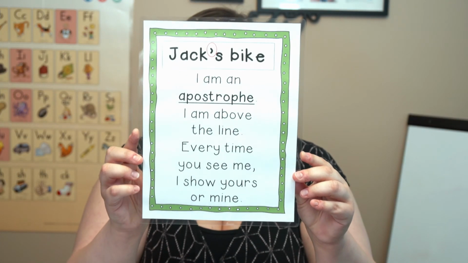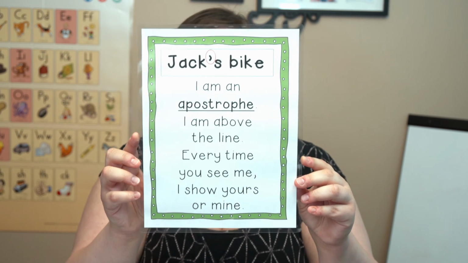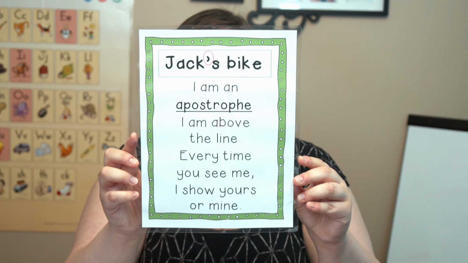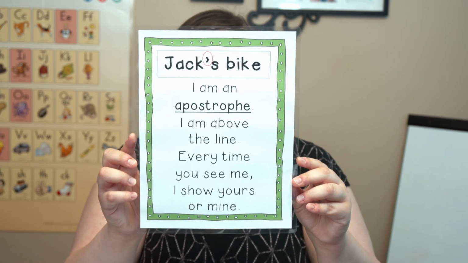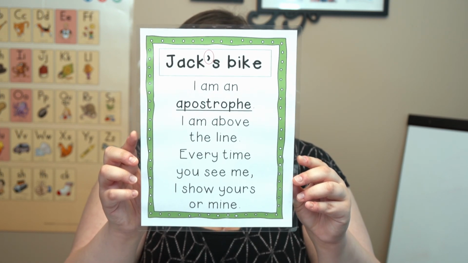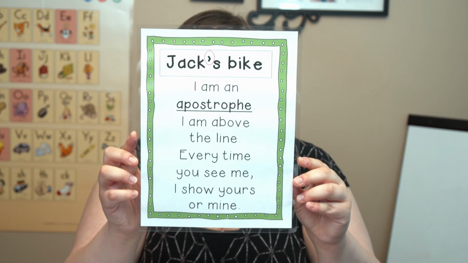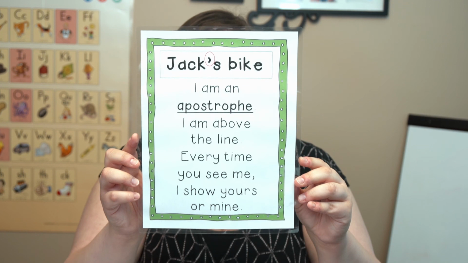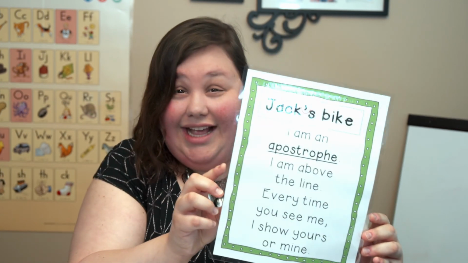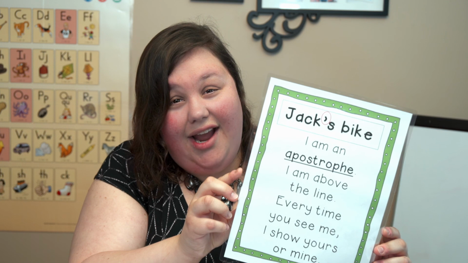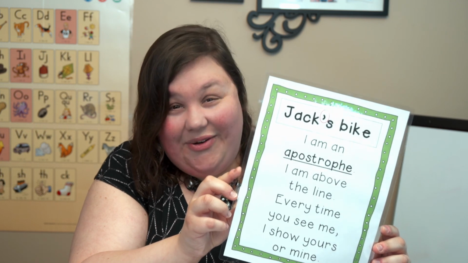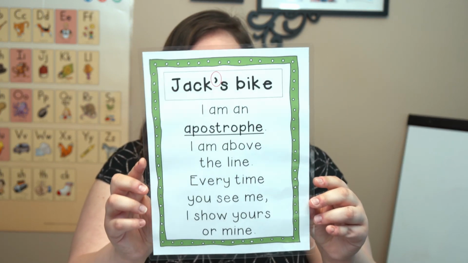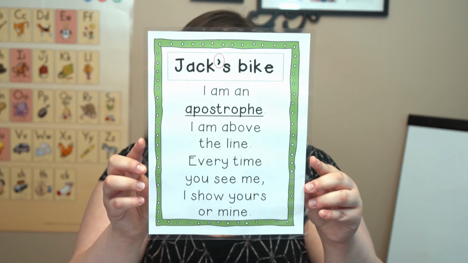There it is. It looks like a hook, but it's not below. It's up high. It's not down low. What punctuation mark is this? Do you remember? It's called an apostrophe. Can you say apostrophe? Great job, my friends. Say it again. Apostrophe. What does an apostrophe do?